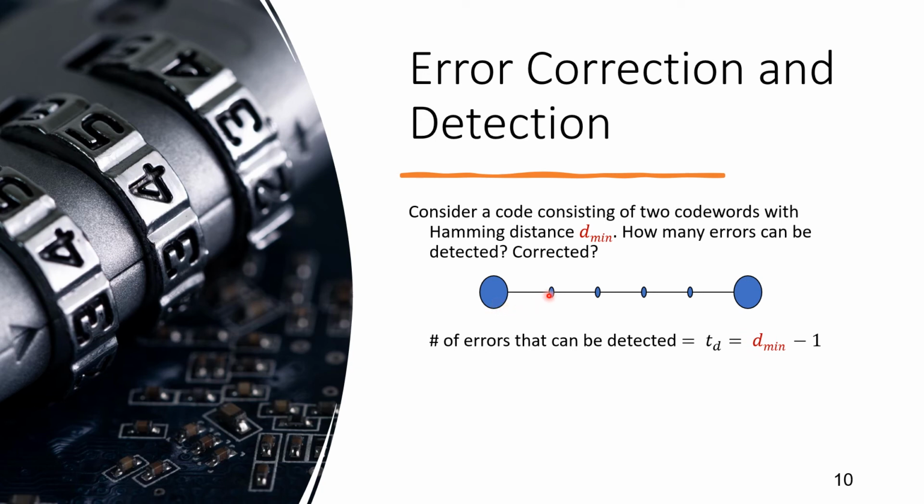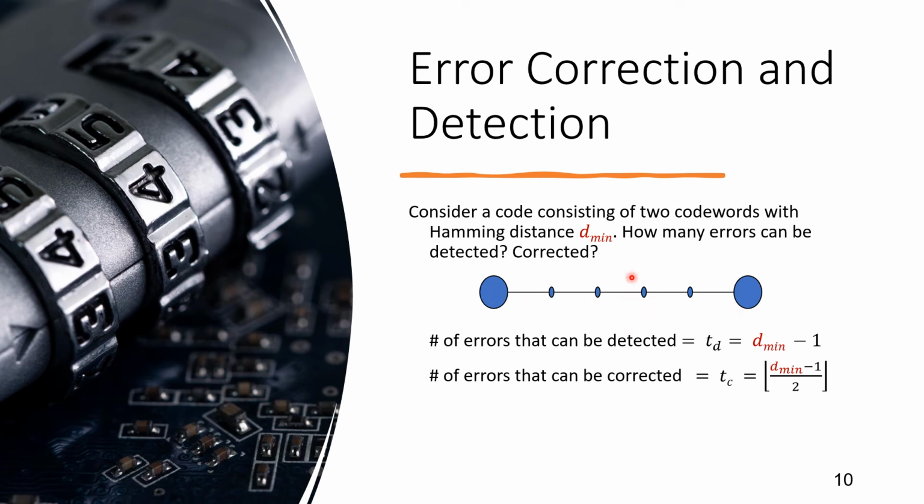So if you are here and you go here, 1, 2, 3, this still can be detected because it's not valid. Up to dmin minus 1, but if it's dmin, it means you have already arrived at the next valid code word.